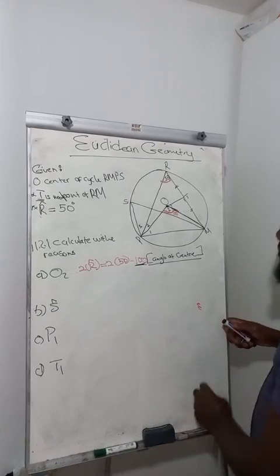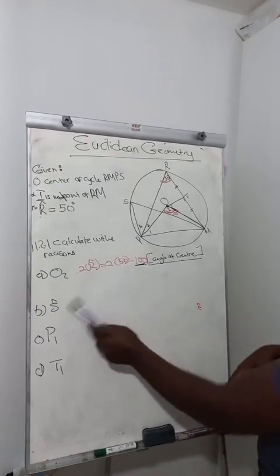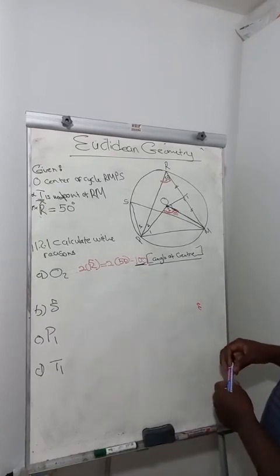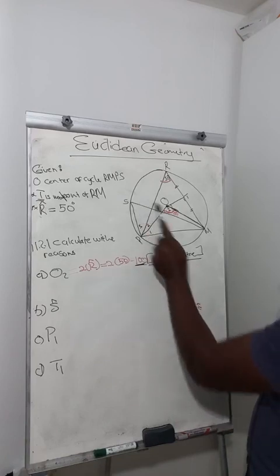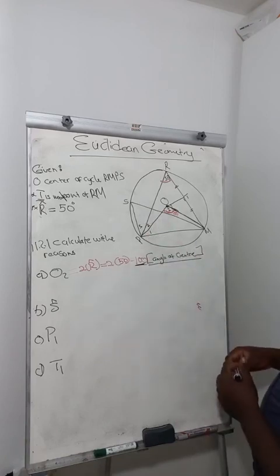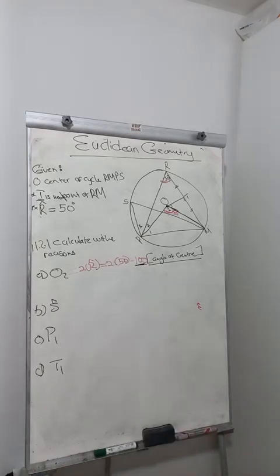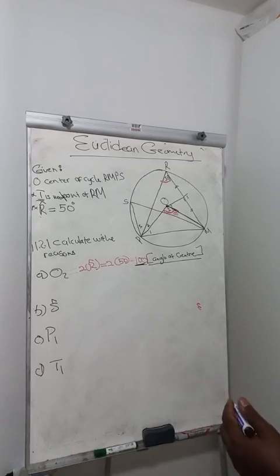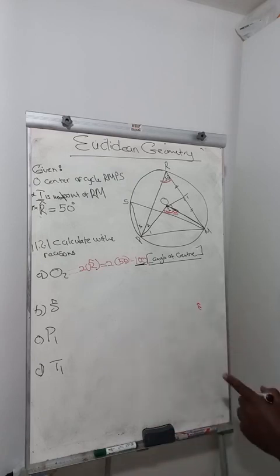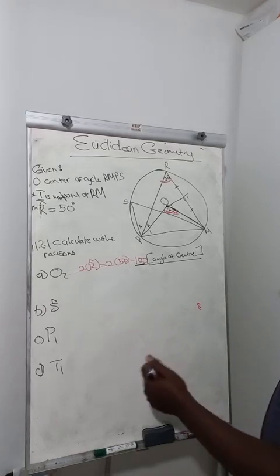So now look at angle S. Where is angle S? Do you see where angle S is? It's more like angles in the same segment. That's the first thing. But you know why I'm saying angles in the same segment?